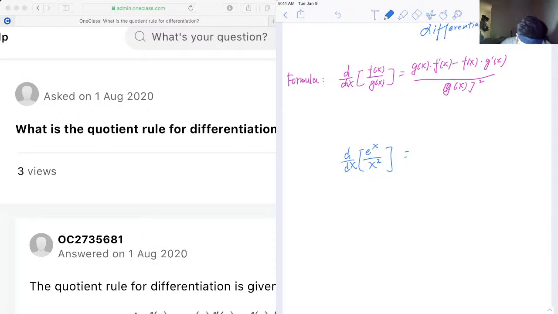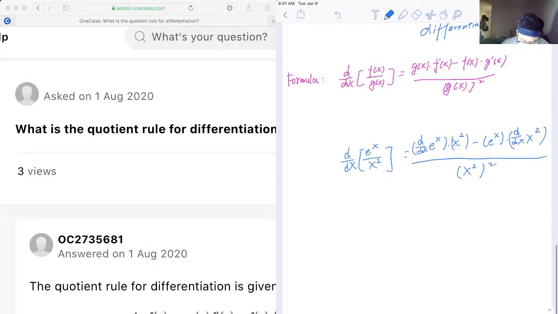Okay, so first thing we need to do is d dx, the derivative of e to the x times x squared, minus e to the exponent of x times the derivative of x squared, over x squared squared.